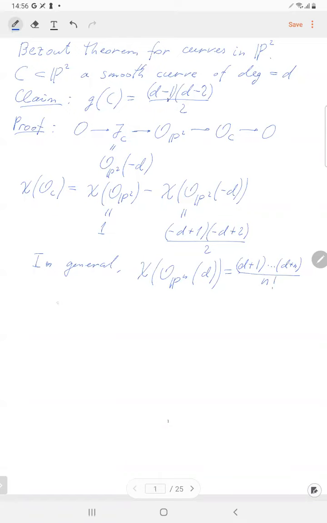Okay, so we know this. Now we can subtract, and if we subtract, we get what we want, because we also know that this is 1 minus the genus of C, right? So there we are.